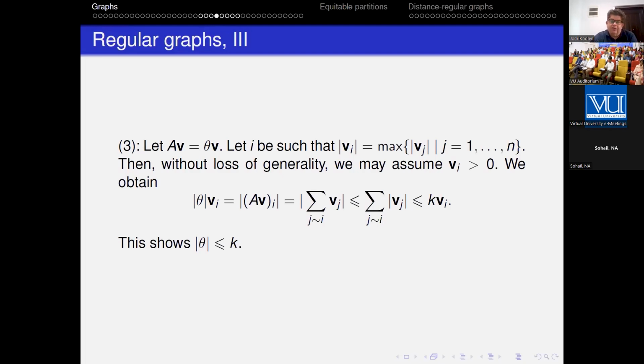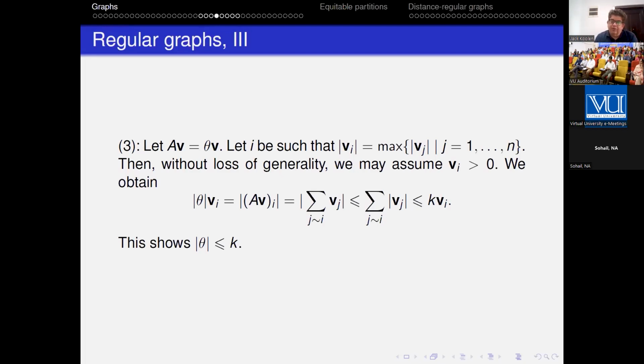And then we have these equations, yes. So theta in absolute value times vi is the absolute value of Av in position i, and that is the absolute value of the sum of the vj's.